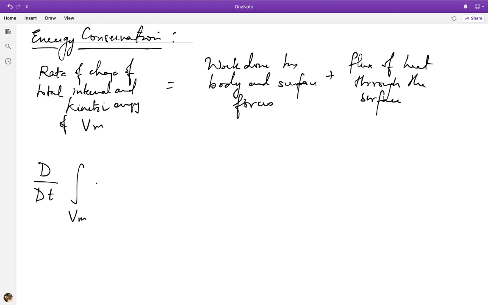Now the internal energy per unit volume we are going to represent by E. So this is the specific internal energy representing all the energy of molecular motions, internal bonds, etc. And then we have the energy due to macroscopic continuum level motion, which is simply the kinetic energy. So that's rho V dot V by 2. This V dot V is nothing but, of course, V squared. Yes, so this is the kinetic energy and this is the internal energy.